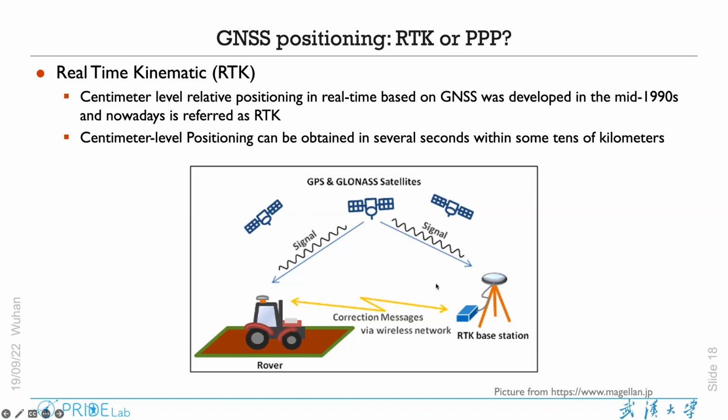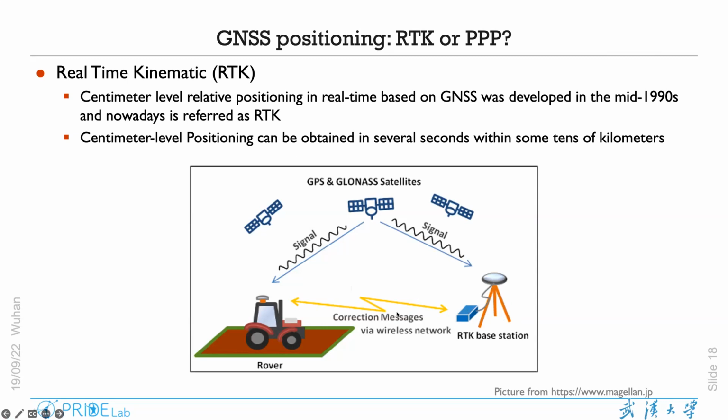For RTK positioning, you have to use a base station. These base stations have known coordinates, and you can back calculate the correction data like the atmosphere delays and the orbit and clock corrections.